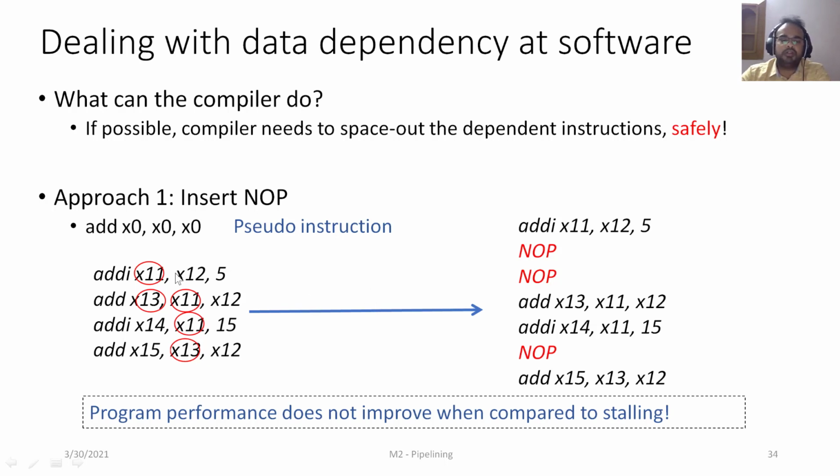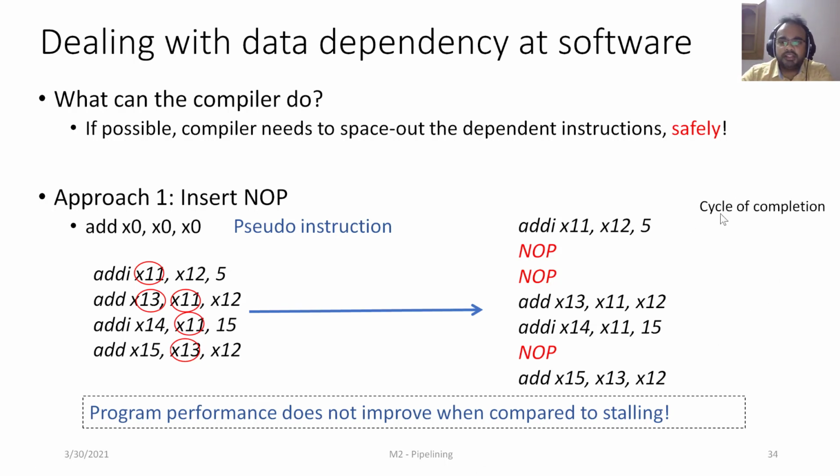But if we introduce stalls at the hardware, then we need to introduce two stalls between instruction 1 and 2 and one stall between 3 and 4, right? So that the correct data is given to the consumer. That's what the compiler is doing in software. Instead of stalling, it has introduced some dummy instructions. That's the reason the program performance will not be any better than stalling.